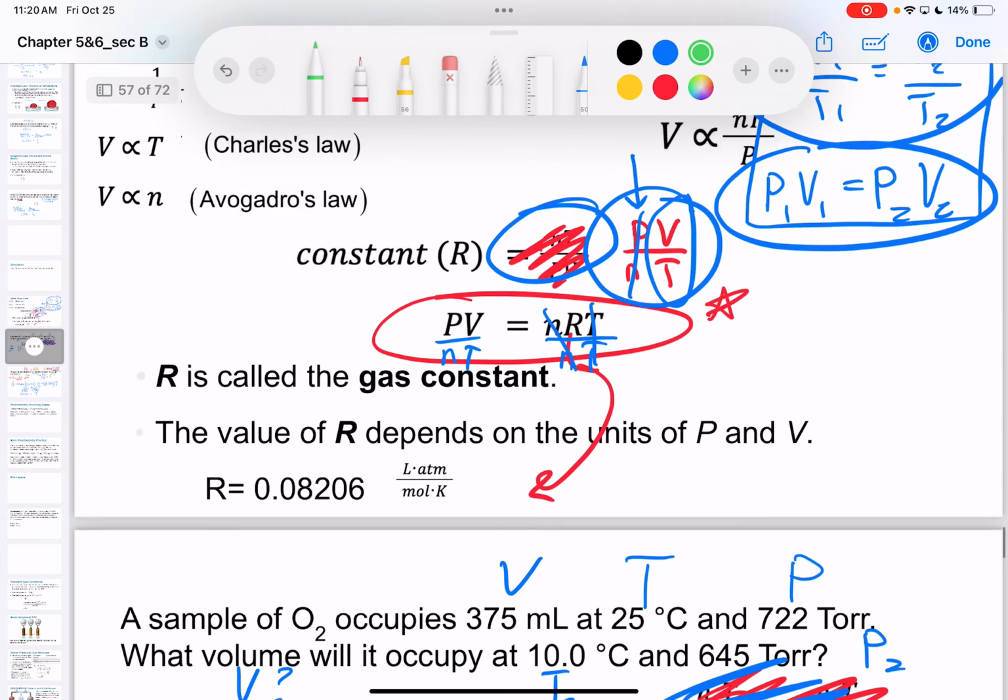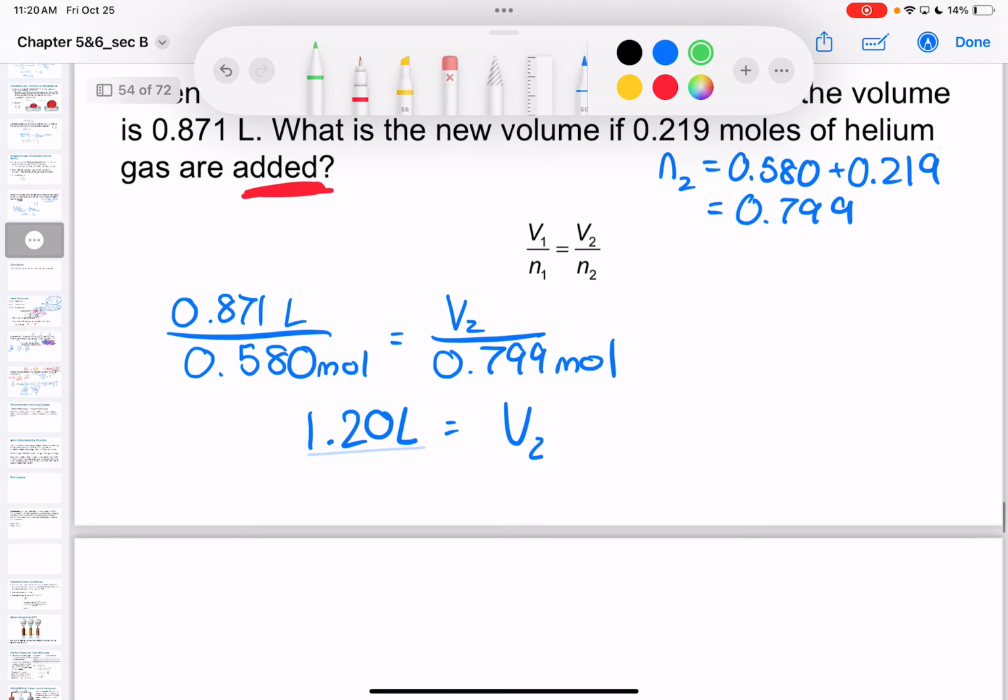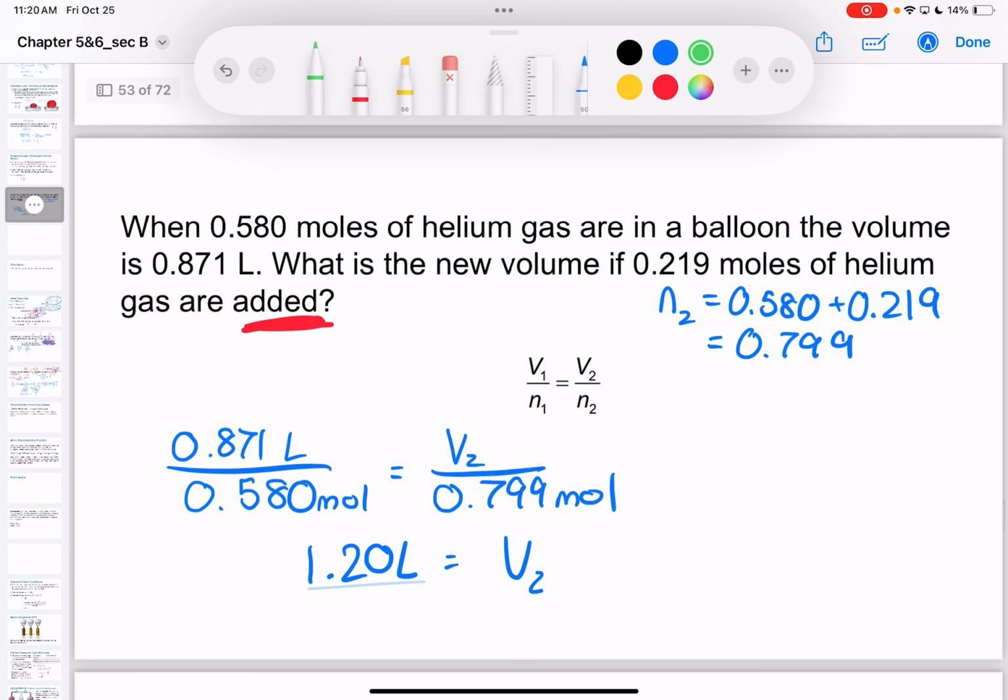Let me just show you one more thing. Pretend that we had this one up here that we did at the beginning of class, but we didn't have this relationship written down for us already. We think of that form of the ideal gas law, PV over NT, and then I just include the things I want.